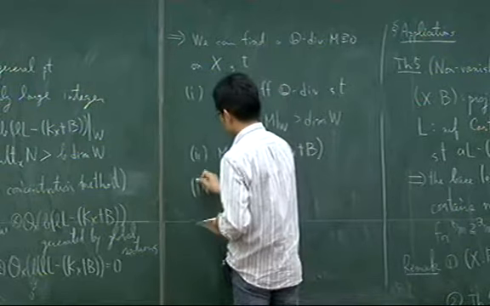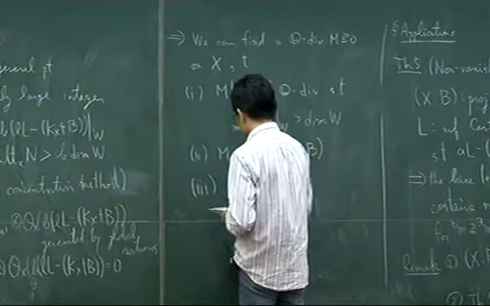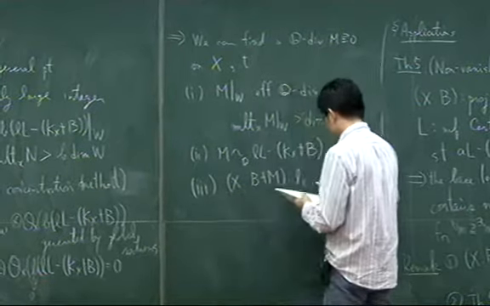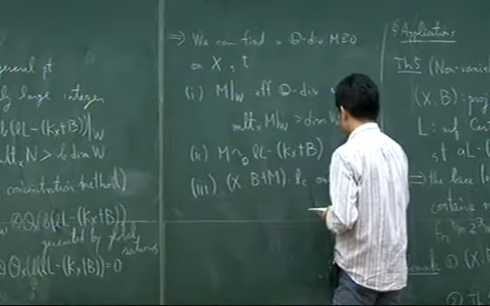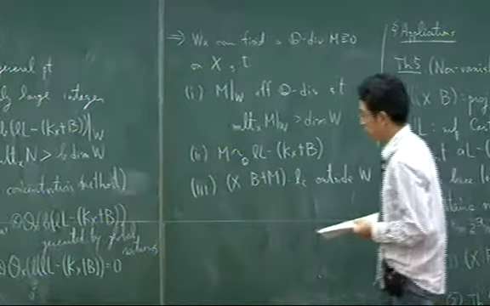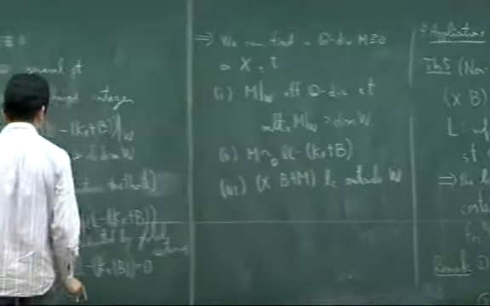And the third one, (X, B plus M) is log canonical outside W. I think it's an easy exercise.